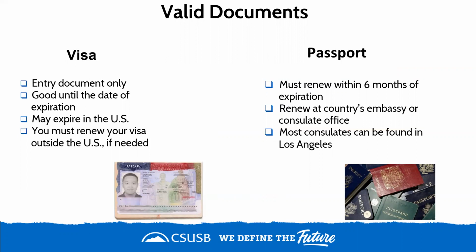However, you will need to renew it prior to re-entering the U.S. The passport is a different story. It must remain valid at all times. Please do not allow this document to expire. You are responsible for renewing these documents, as CIS cannot do this for you.